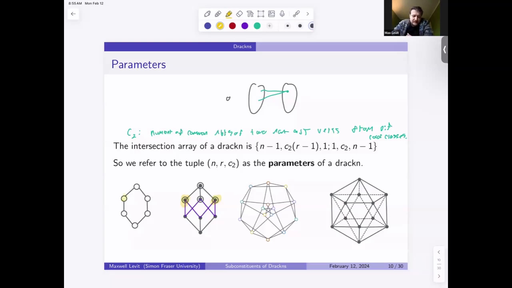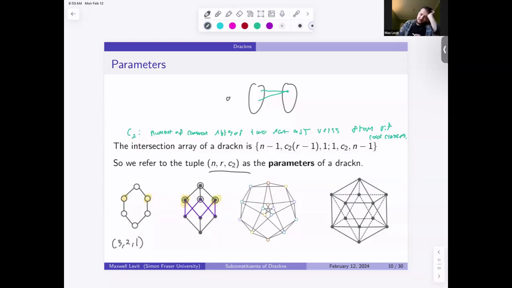If I look at 2 non-adjacent vertices here, so I didn't mention the 6 cycle, but the 6 cycle folds back up onto K3, onto a triangle, so that's also a distance regular cover. They have 1 common neighbor. So now if we use this notation to describe the parameters, this is a 3, 2, 1 cover.